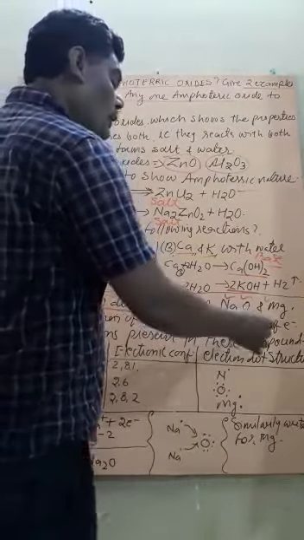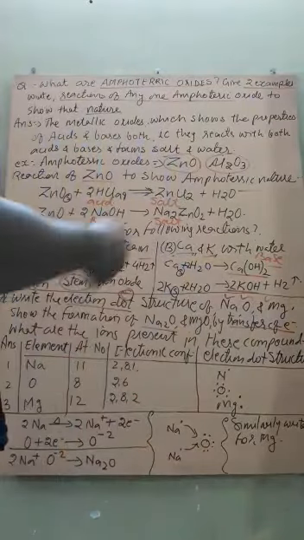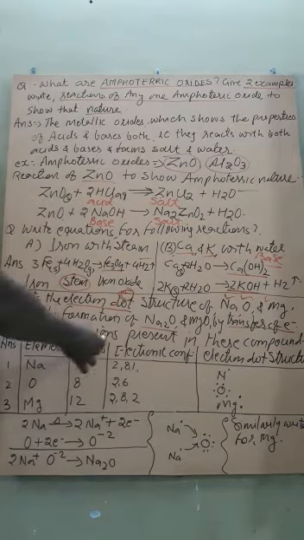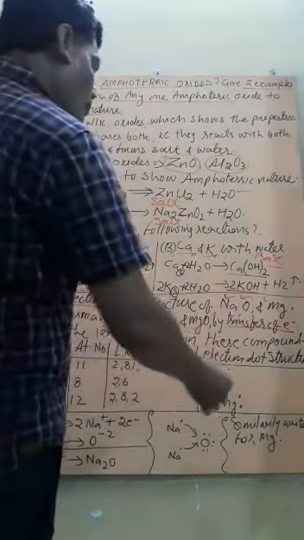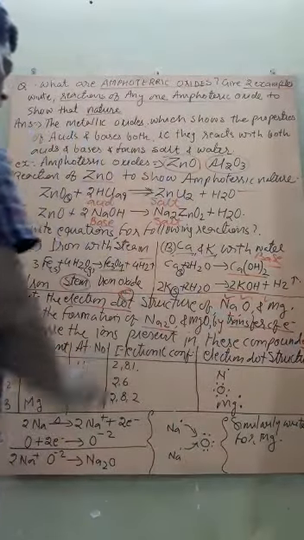But how to show it? By the transfer of electrons. How the metal is transferring electrons and oxygen is gaining electrons. And one more question is there: what are the ions present in these compounds, magnesium oxide and sodium oxide?